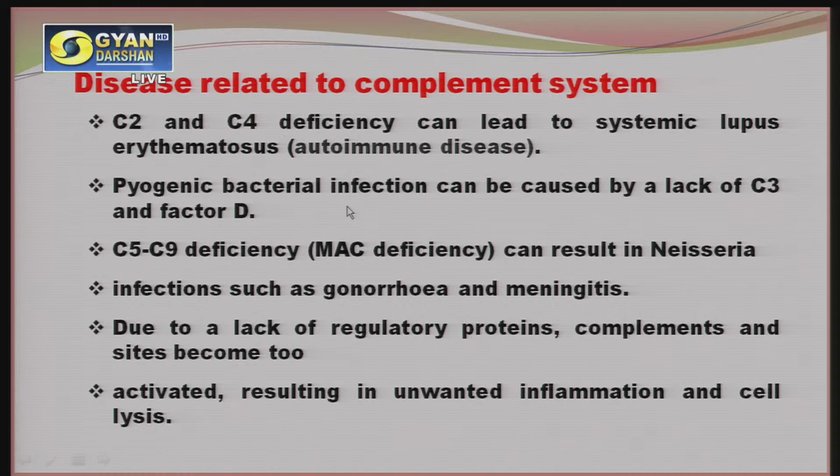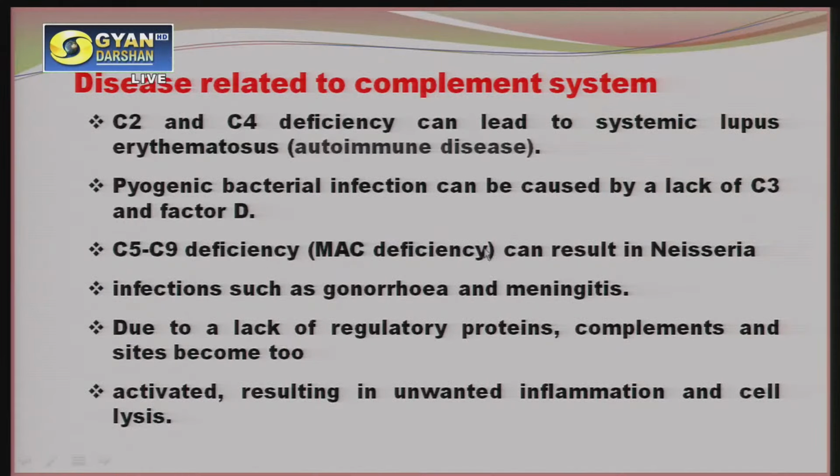Pyogenic bacterial infection can be caused by a lack of C3 and factor D. C5 to C9 deficiency, you can say a MAC deficiency, can result in Neisseria infections such as gonorrhea and meningitis. Due to the lack of regulatory proteins, complement becomes overactive. So these are the various diseases involved in the complement system.